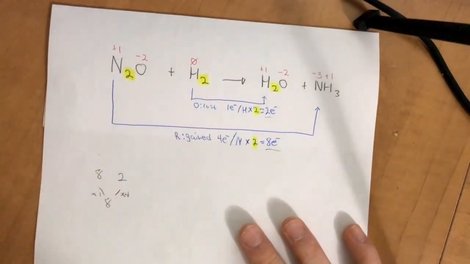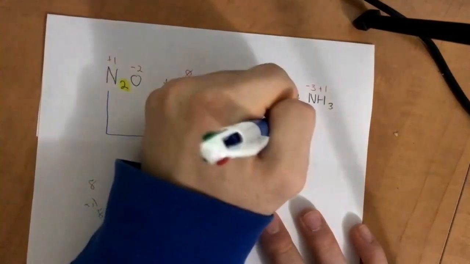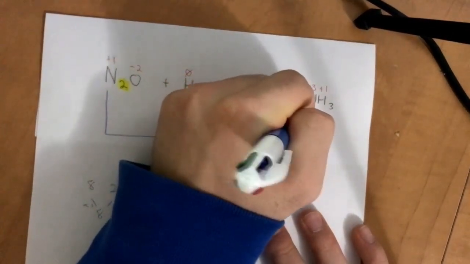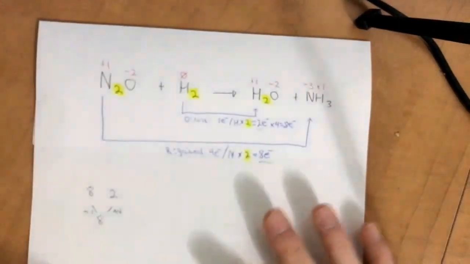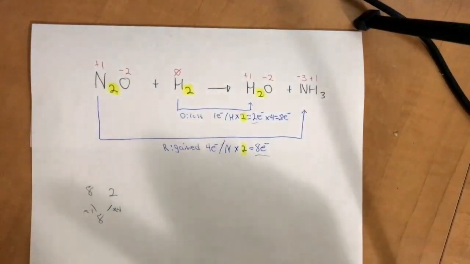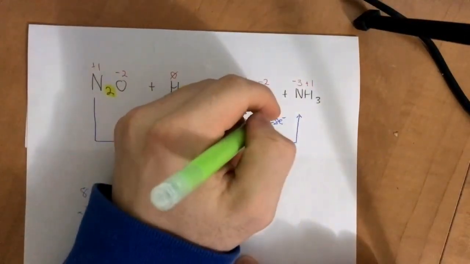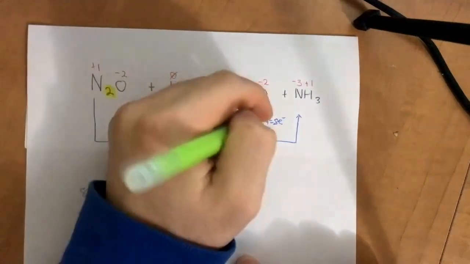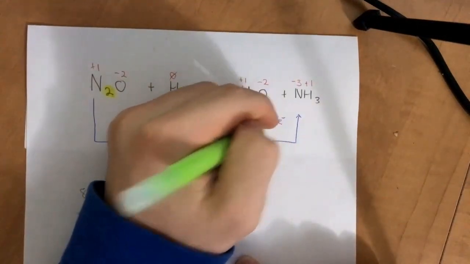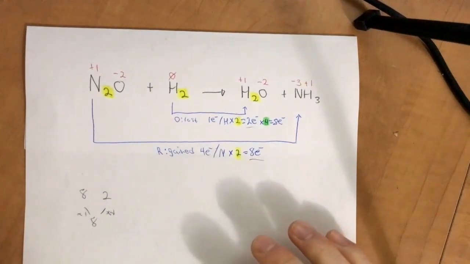We're going to write that down in this little equation we have here. So 2 times 4 gives us 8 electrons. And this one we don't have to multiply, it stays at 8. We're going to make sure to grab another highlighter and highlight that multiplier. So in this case it was 4 for the hydrogens. The nitrogens didn't have one for the reduction reaction.